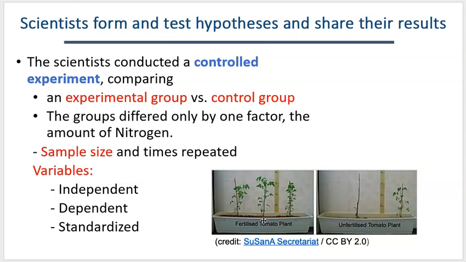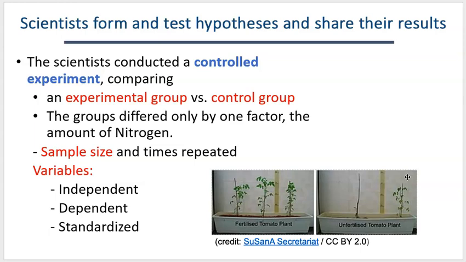If you only have one tomato plant and one tomato plant, with such a small sample size, the data is very unreliable. So a large, robust sample size is very important when you're carrying out these experiments.